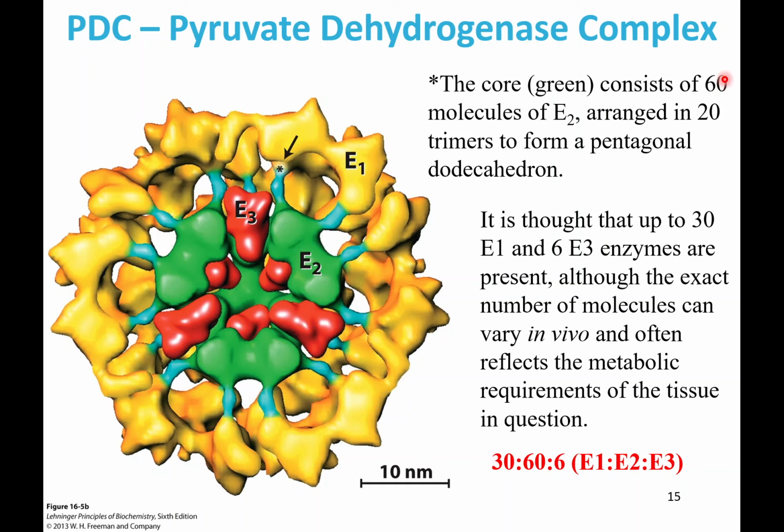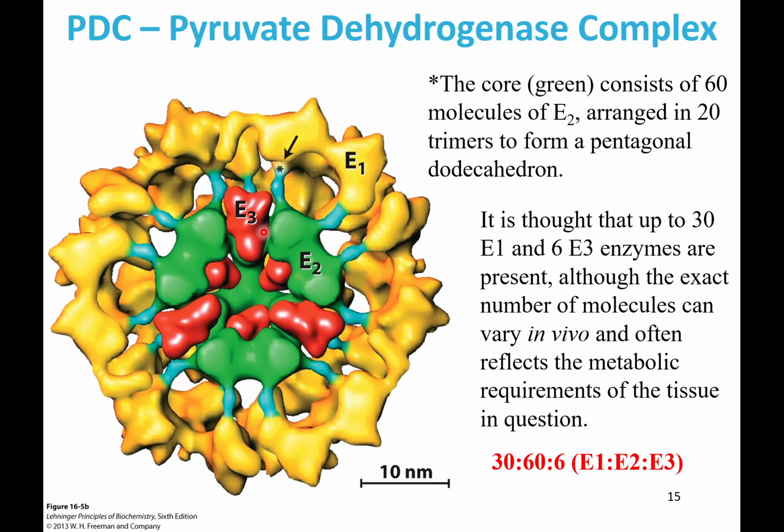And it's arranged, not very important, but it's 20 trimers to form a dodecahedron. Okay, so there's a lot of structure here. It's thought that up to 30 E1 enzymes and 6 E3 enzymes are present in this complex. And these green things here are tether proteins.